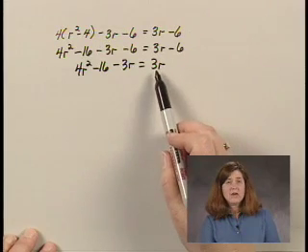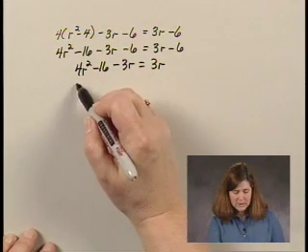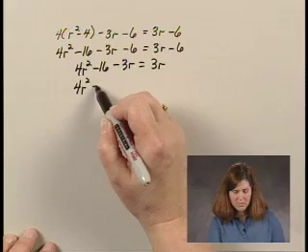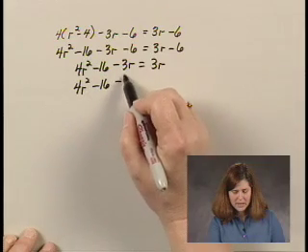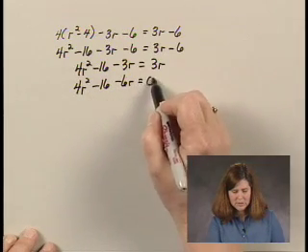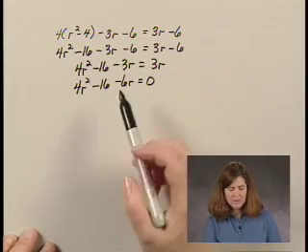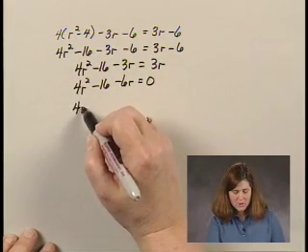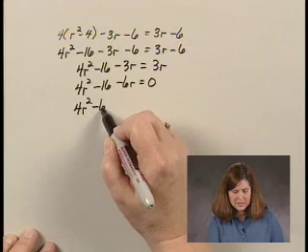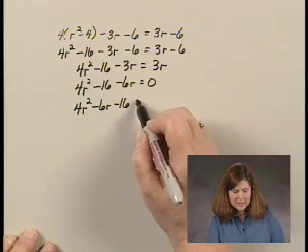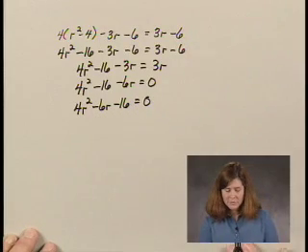Then I'm going to subtract 3R from both sides. I have 4R squared minus 16 minus 6R equals 0. And I'm going to rewrite this in descending order: 4R squared minus 6R minus 16 equals 0.